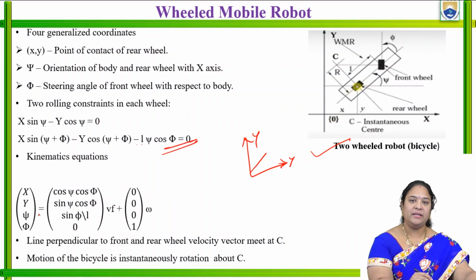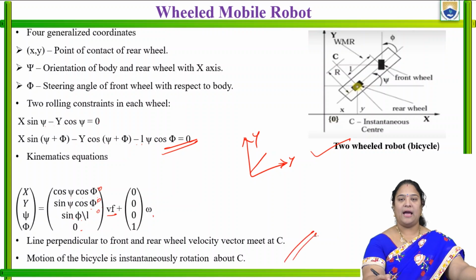That is, the kinematic equation for a two-wheeled robo will be x, y, psi and pi, that is cos psi, cos pi, sin psi, cos pi, sin pi by 1 and 0 with respect to vector vf, and this will become 0, 0 and 0, 1 of angular velocity.